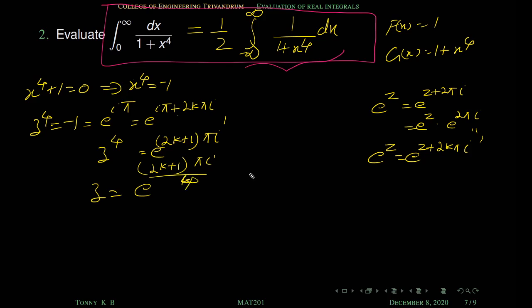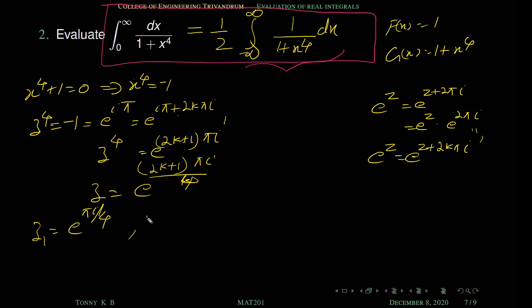But suppose k equal to 0, what happens? Whenever k equal to 0, this becomes e raised to pi i by 4.